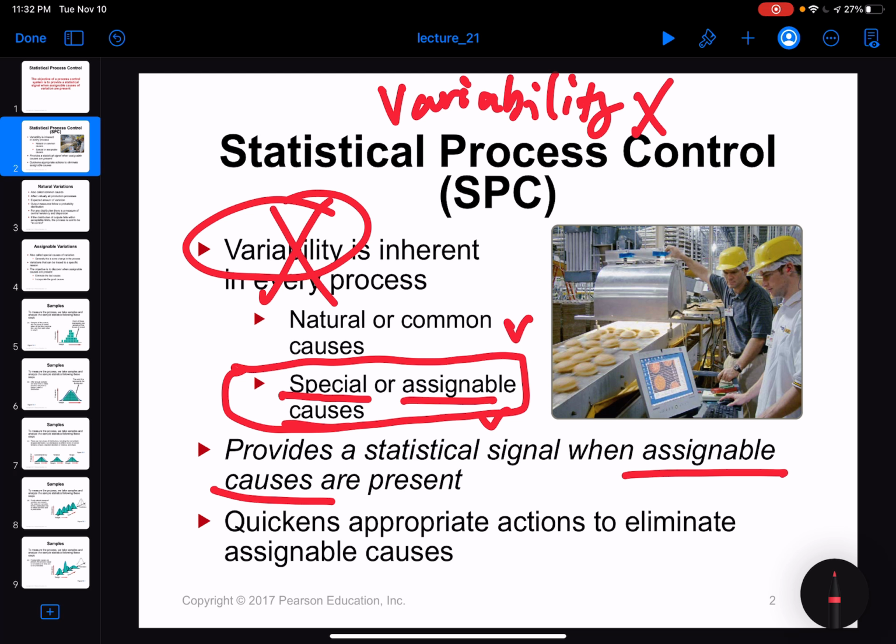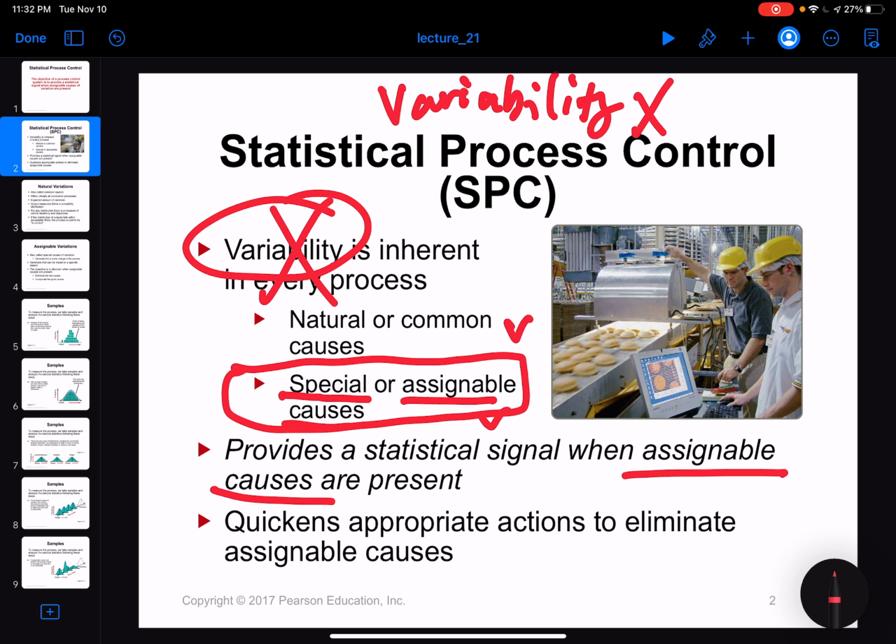Such as poor training, bad machinery, or poor communication. There are many things, and you can fix them. Once you fix them, this variation will be gone. So the assignable cause basically tells you there's something wrong.